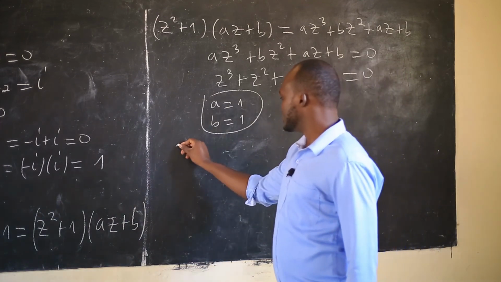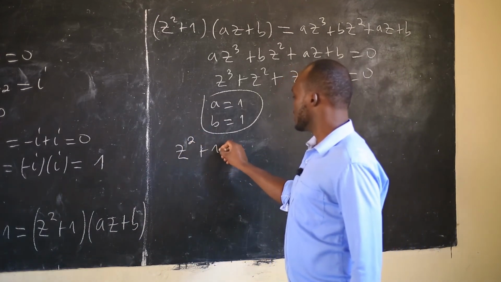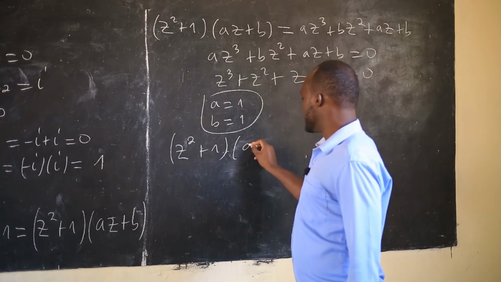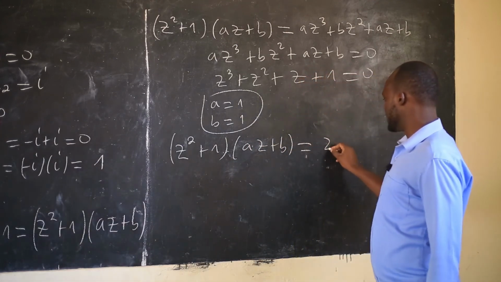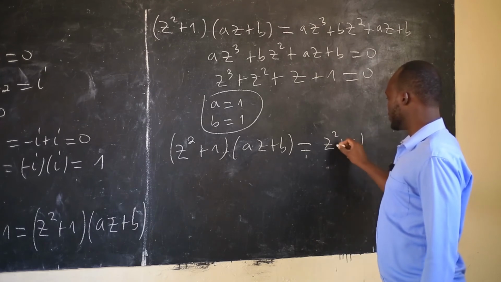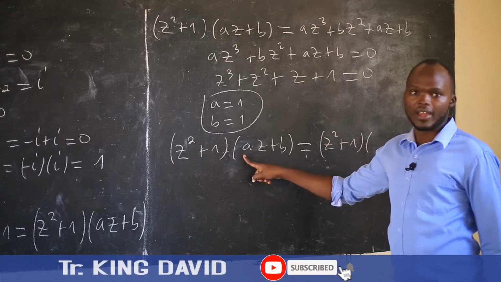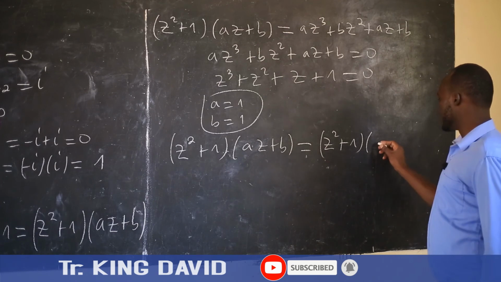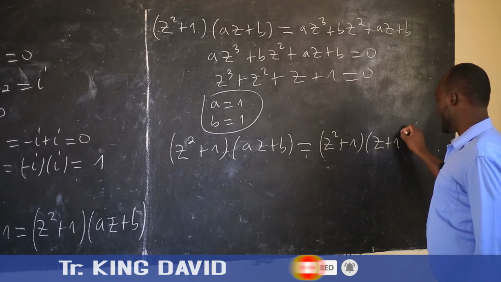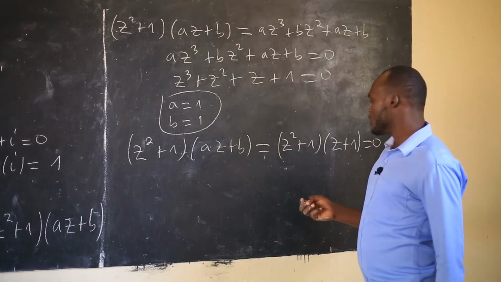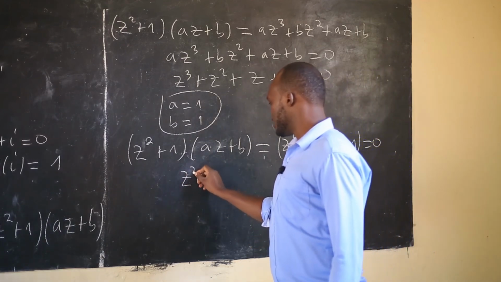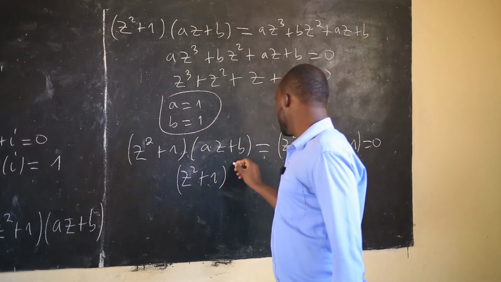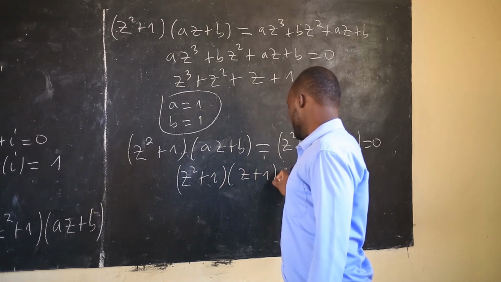So (z^2 + 1)(az + b) is (z^2 + 1)(z + 1). And remember, it equals 0. So we have two factors whose product is 0, that is (z^2 + 1)(z + 1) = 0.